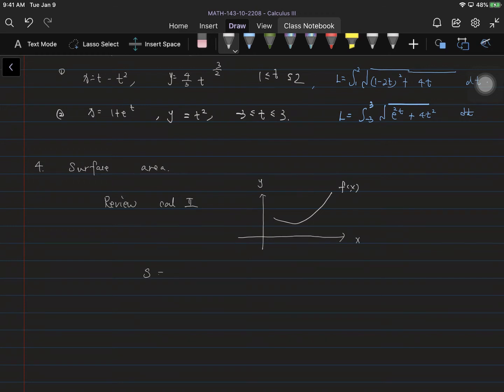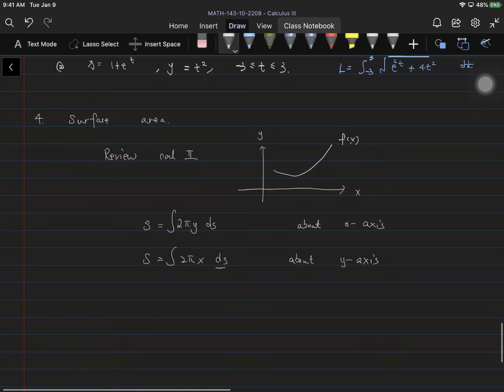The surface area for rotation about the x-axis is given by this one: 2 pi y ds. This is rotate about x-axis. And the other one is 2 pi x ds. ds means small arc length, about the y-axis.